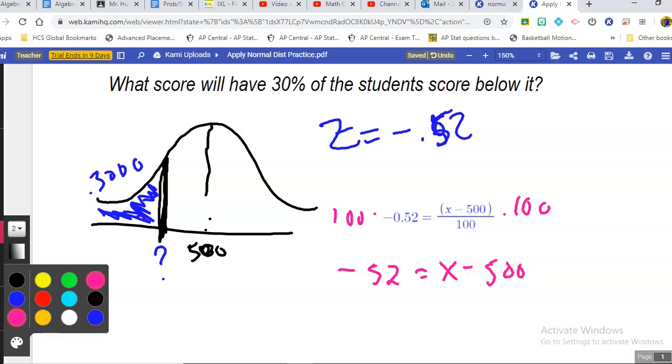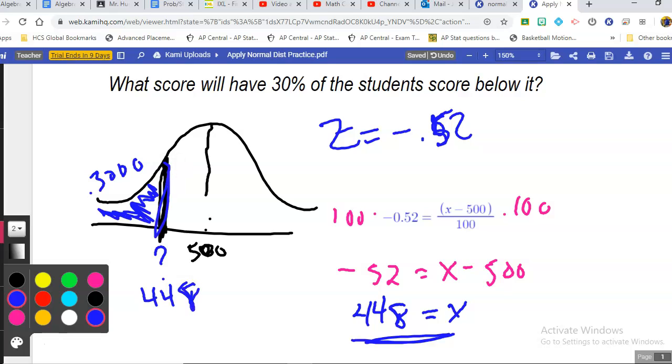Your next step would be to add 500. And that would mean that X is equal to 448. So a score of 448 would beat out 30% of the people taking this math test.